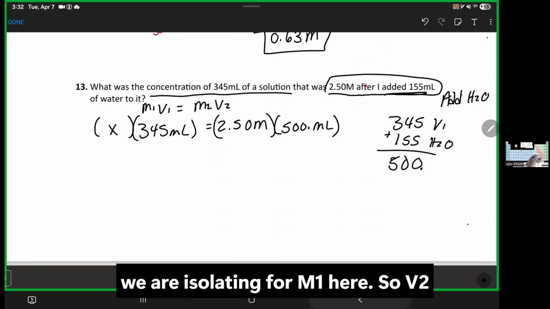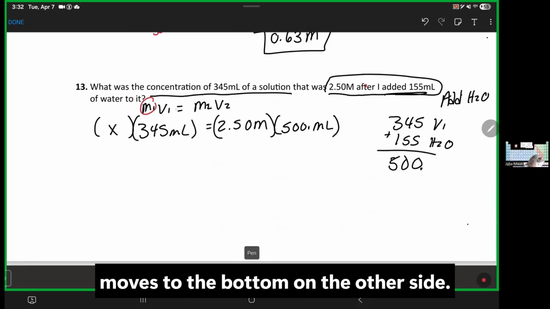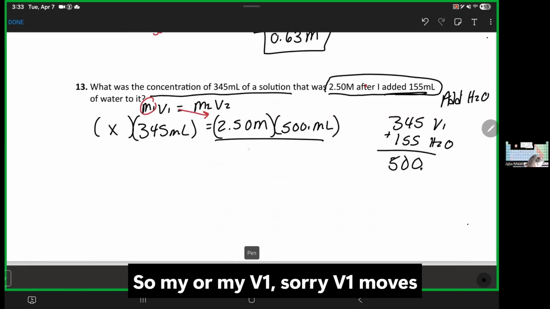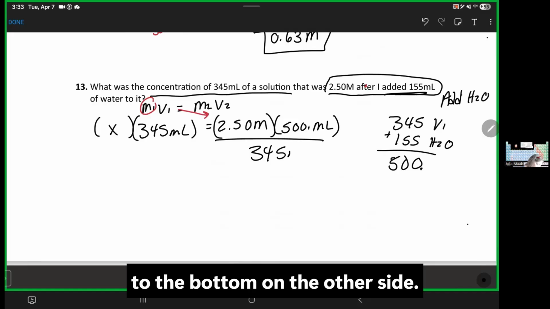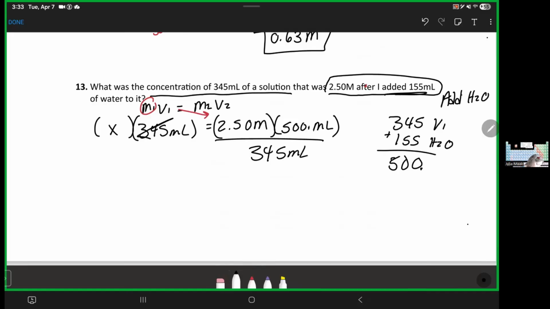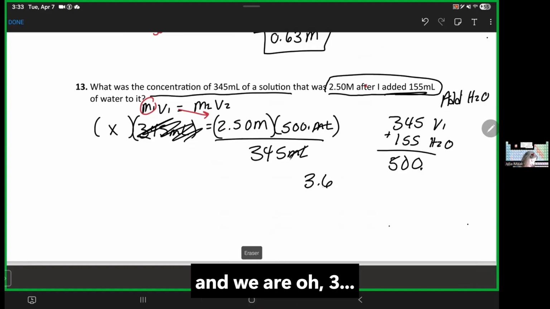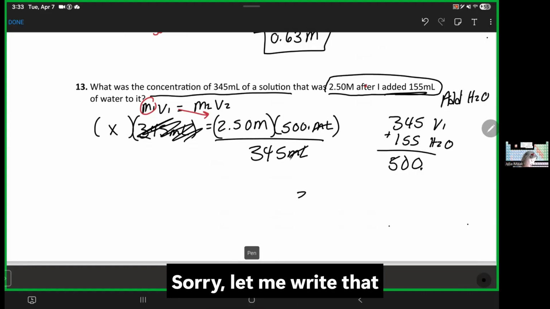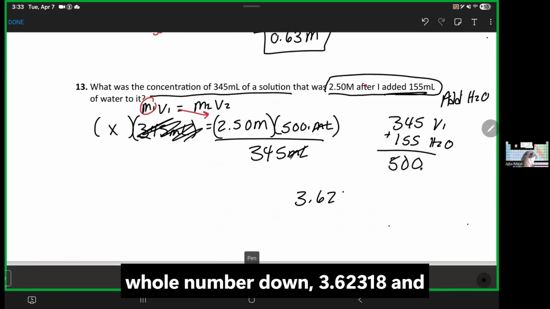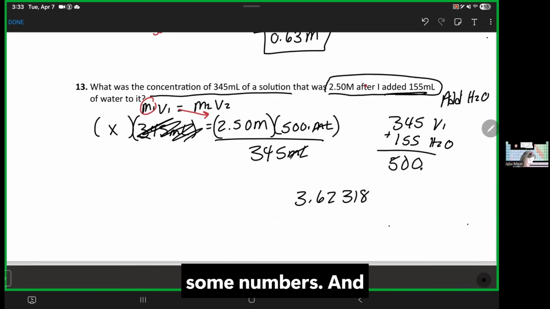Okay, so we are isolating for M1 here. So V2 moves to the bottom on the other side, and I'm left with a molarity. And if we do that math, we get 3.62318 and some numbers.